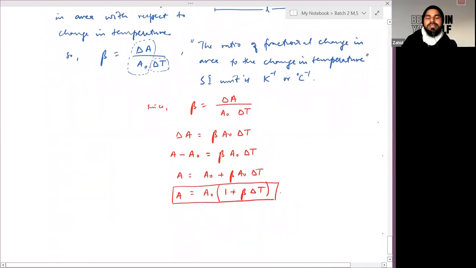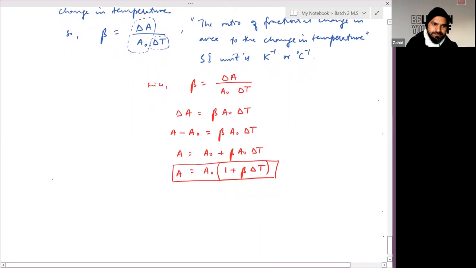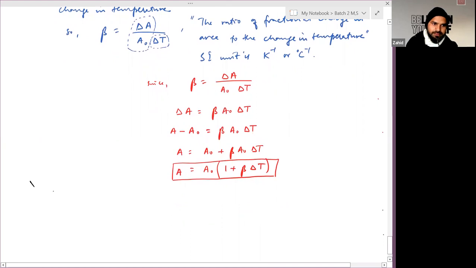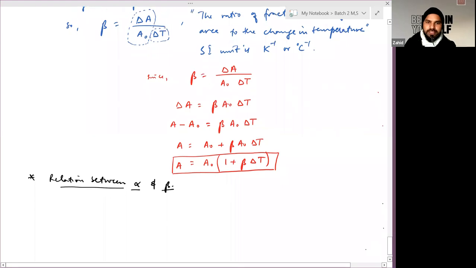Now, the first question is how to relate beta with alpha, or what will be the relation between alpha and beta? Alpha is the temperature coefficient of linear expansion and beta is the temperature coefficient of areal expansion.